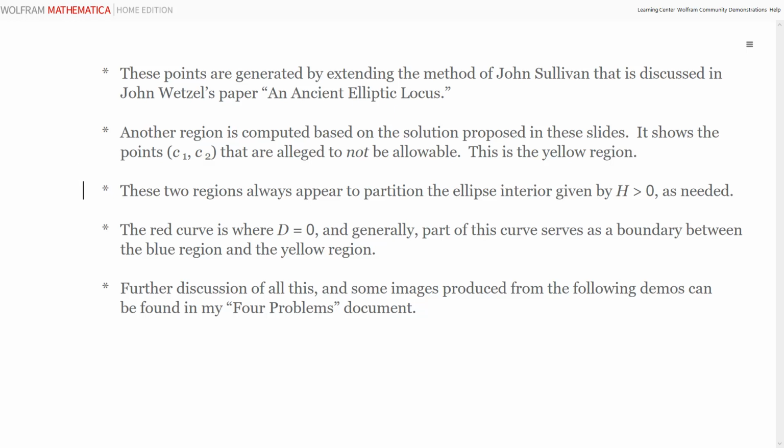Let's talk about that ellipse. Remember that we're only interested in when capital H is greater than 0, and that corresponds to the interior of an ellipse. All of our focus is inside the interior of that ellipse. We don't care anything about what happens outside that ellipse. So what I'm now claiming is that the blue region and the yellow region are going to partition that ellipse.